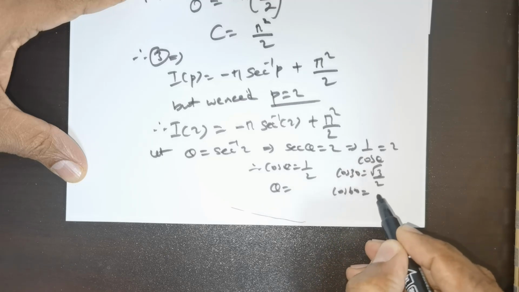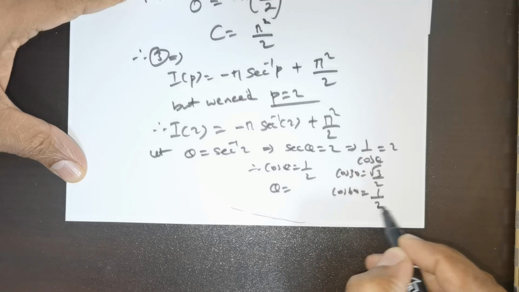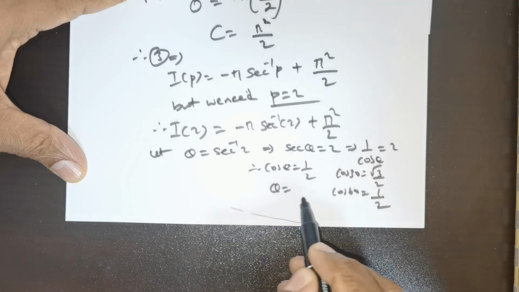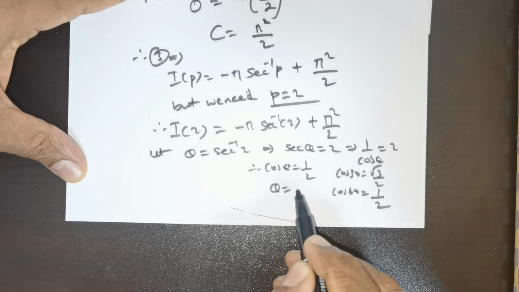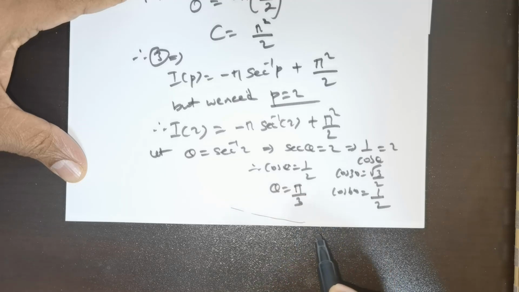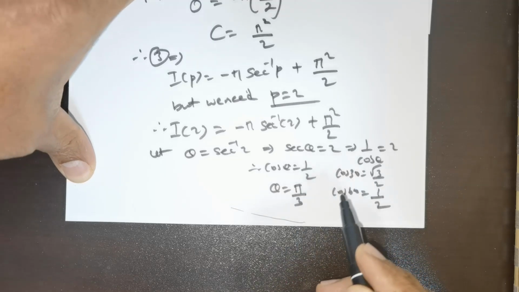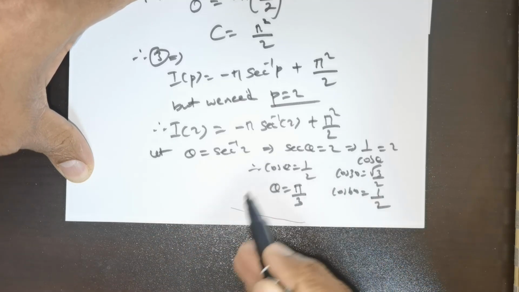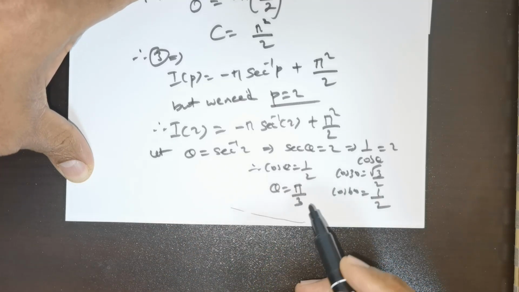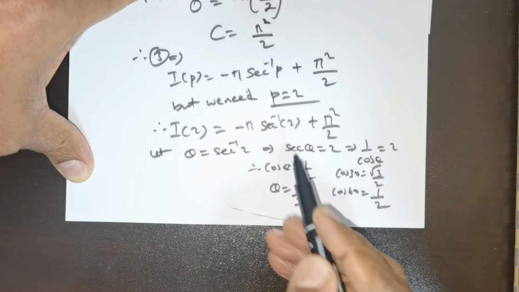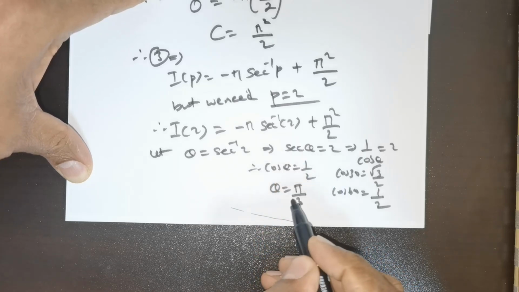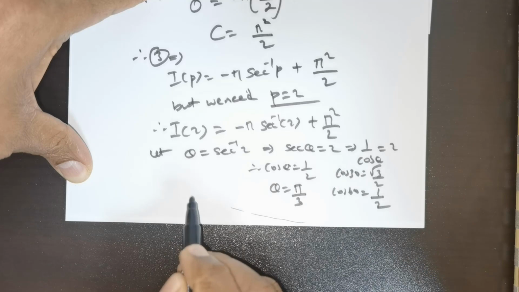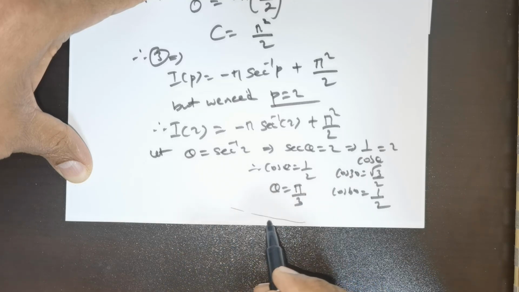Cos 60 is 1 over 2. So theta is 60 degrees, which is pi divided by 3. Are you following? So the value of theta is pi over 3. That would mean secant inverse of 2 is going to be pi over 3.